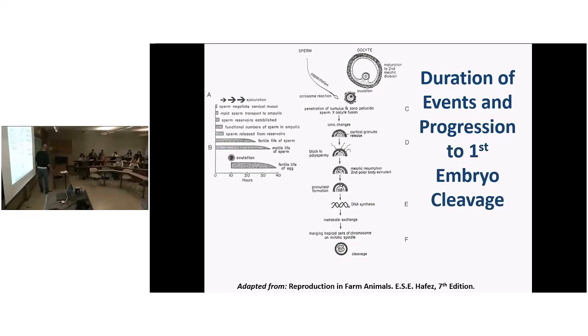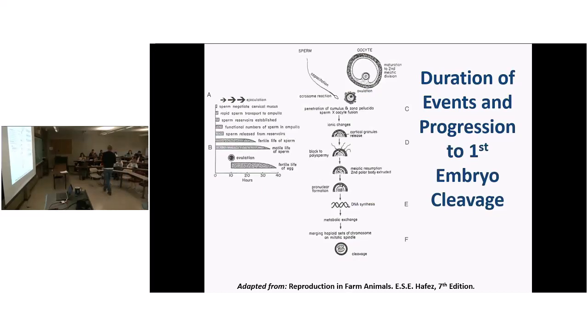From an application point of view, in the technologies that we use, not only in humans but even more so in animals, up until the stage where the zona pellucida is intact, you can manipulate this embryo quite a lot. You have a little pipette, you can bring it up and down, and you can transfer from one little tube to another without damaging the embryo, because the zona pellucida protects it.